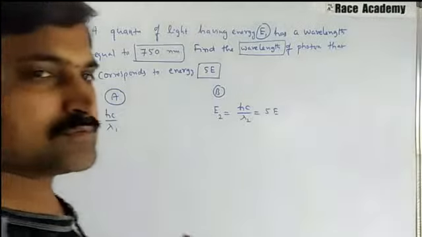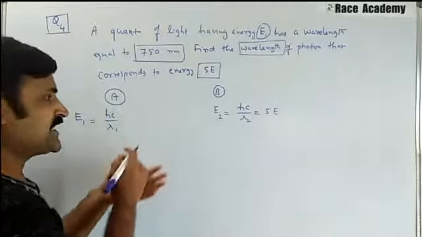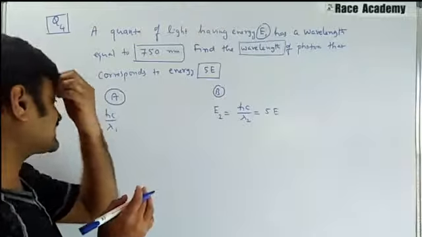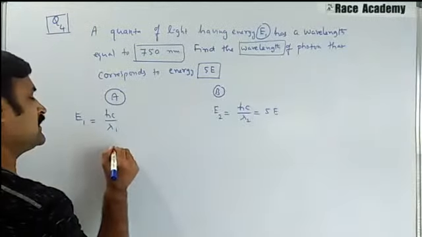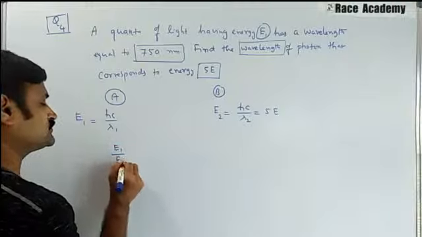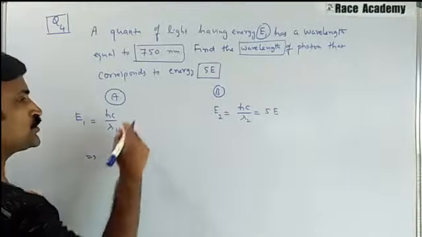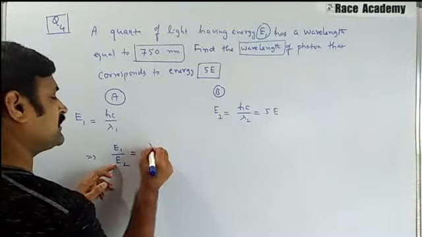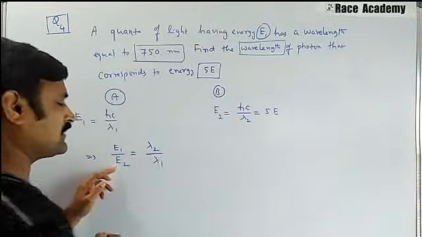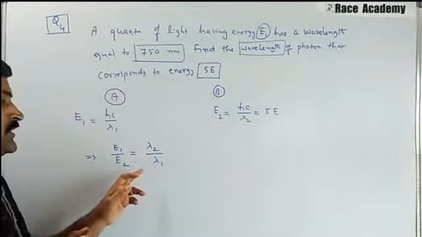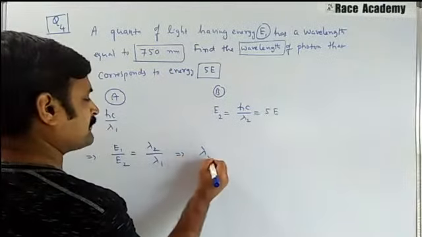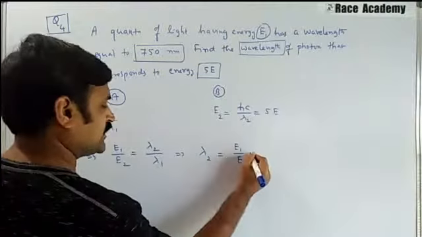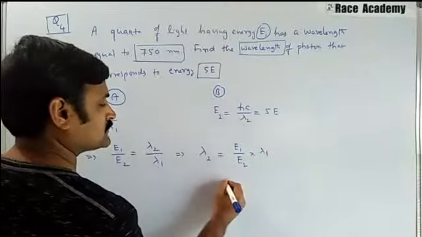Now if you divide these two, we can find lambda 2. When you take E1 by E2, lambda 2 will come in reverse. So E1 by E2 is equal to lambda 2 by lambda 1. From this, lambda 2 is equal to E1 by E2 into lambda 1.